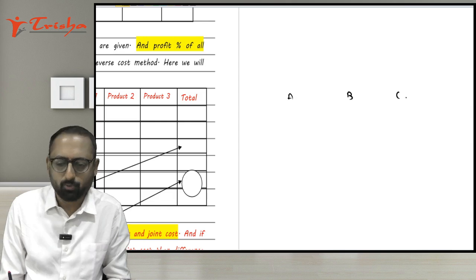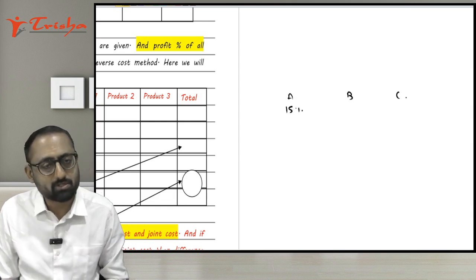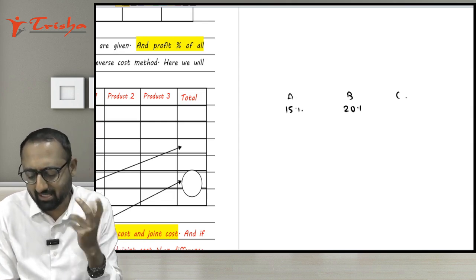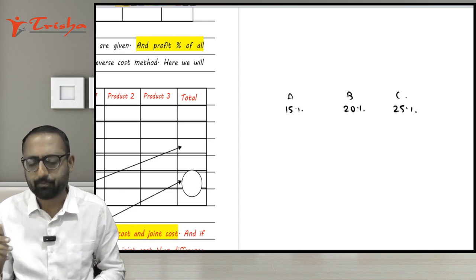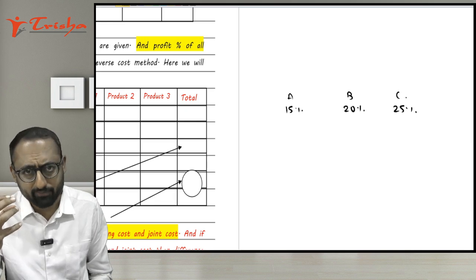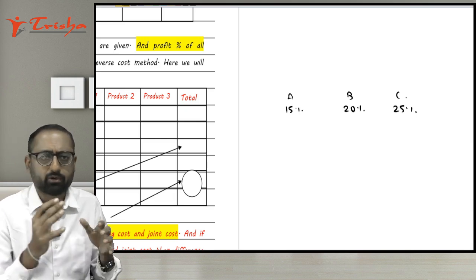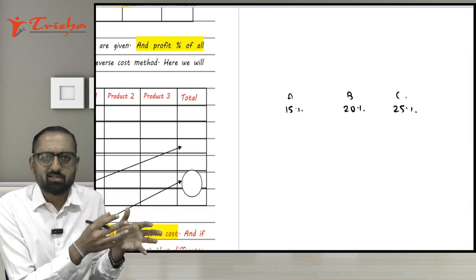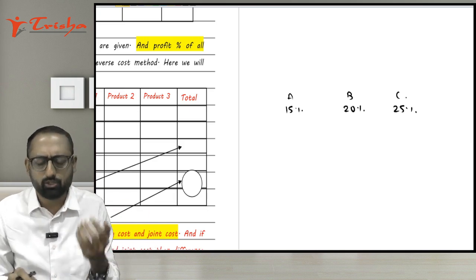Suppose the profit percentage of A is 15% on sales, B is 20% on sales, and C is 25% on sales. So if in a question the profit percentage of all the joint products is given, then you will have to use the reverse cost method. It is a part of the NRV method only in your module.